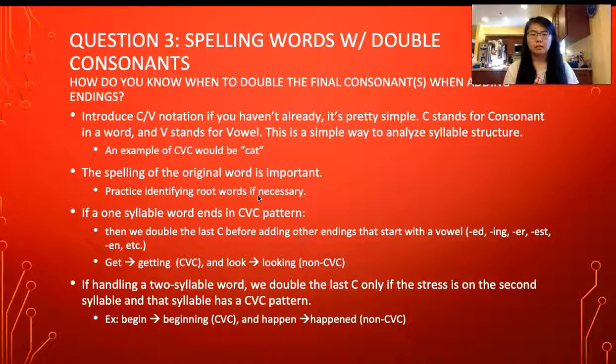And then happen is HAP-pen, so the stress is on the first syllable, versus begin. I probably sound like a broken record to you, but I figured it was a good demonstration for those of you who may be working on syllable and stress patterns. This is a pretty easy technique to use. It works well over video as well if you are in Zoom classes.